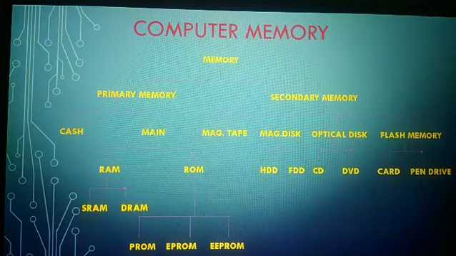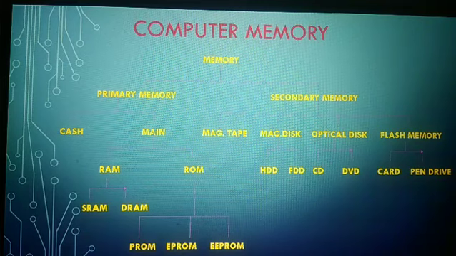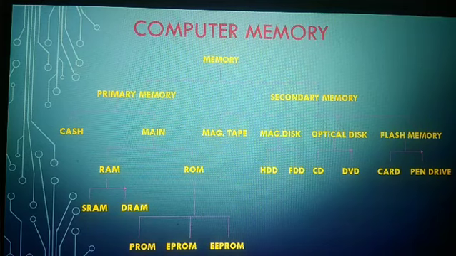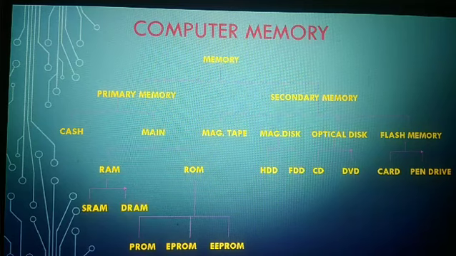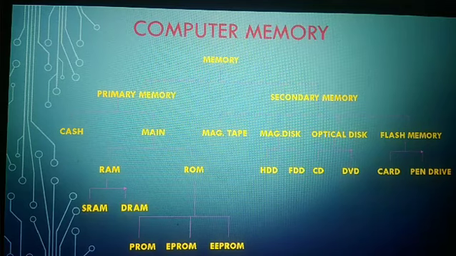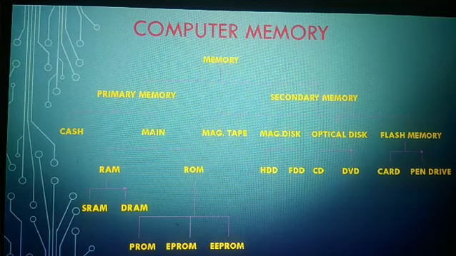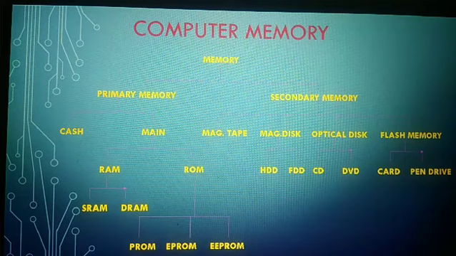So it is permanent memory, and it also comes in chip form, and the manufacturer fixes the program in this chip, and when we turn on our computer, this program starts to be executed, and it checks the components of our computer and then permits loading the operating system.